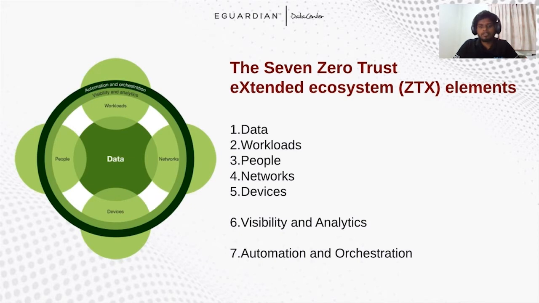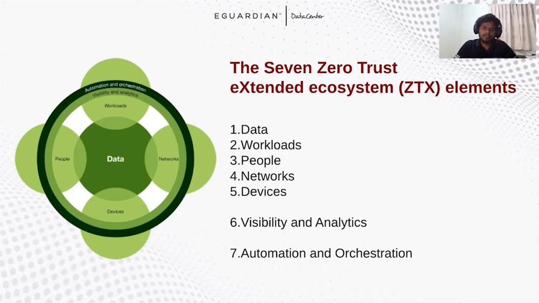The way we talk about zero trust today is we divide it into different domains, and at the center of these domains is data, because this is the thing you are actually trying to protect. So you need to have security controls around the data, but you also need security controls around the four things that interact with data: people, devices, networks, and workloads.